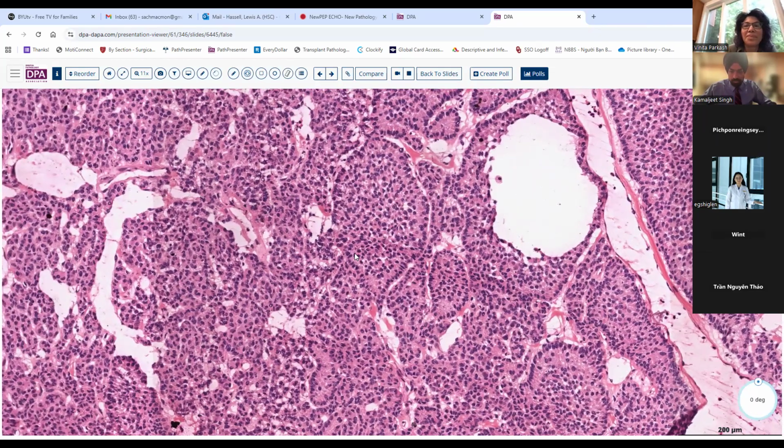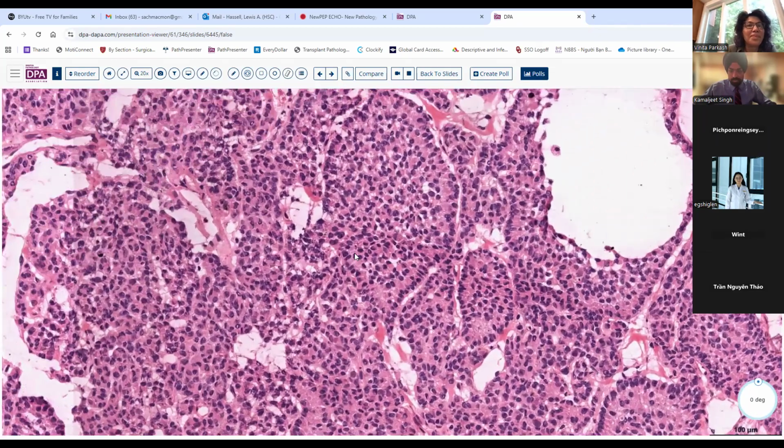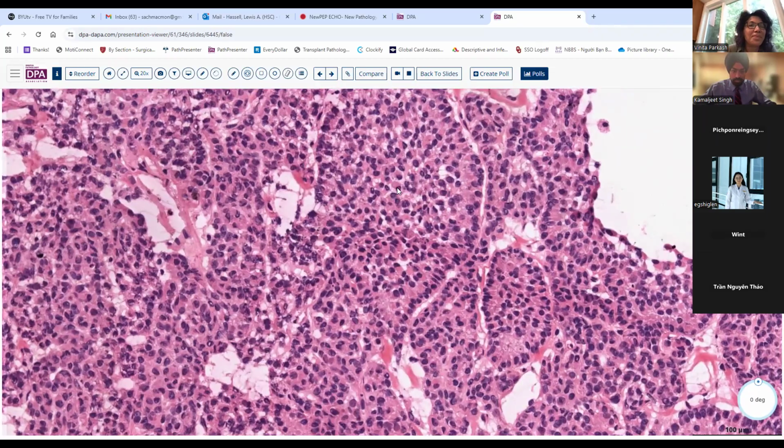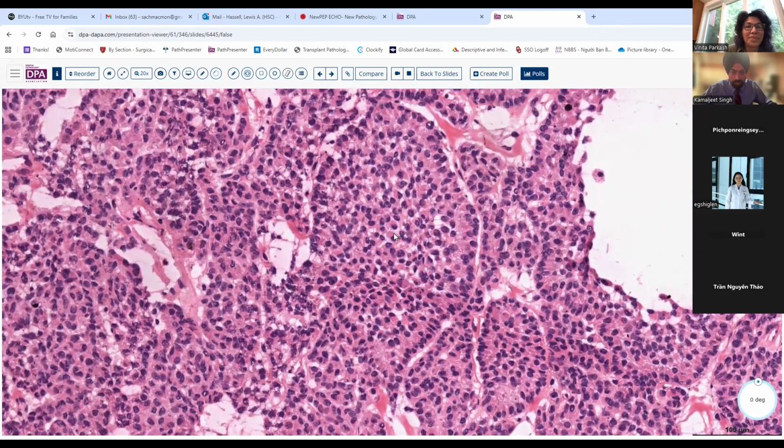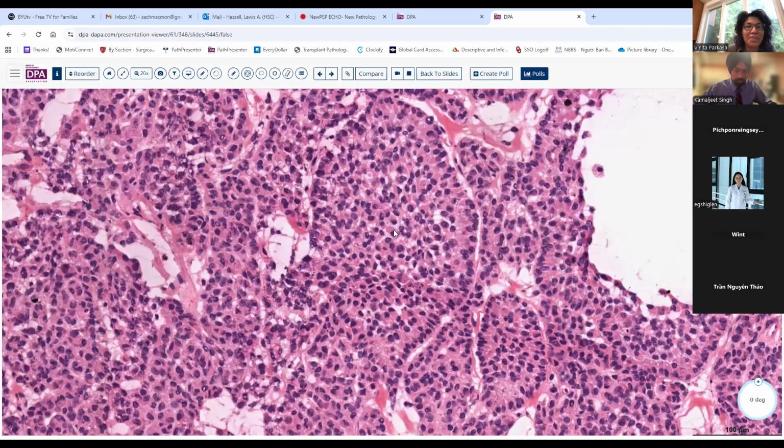Is there any like pseudo rosette patterns in there? That's a good question because that would make you think of immature teratoma or something like that.